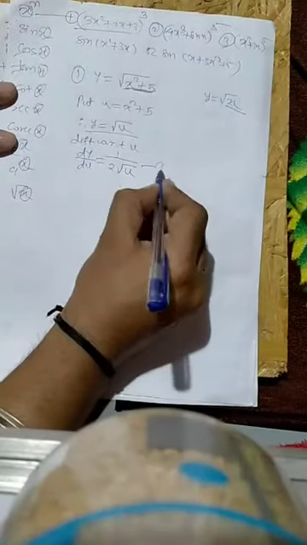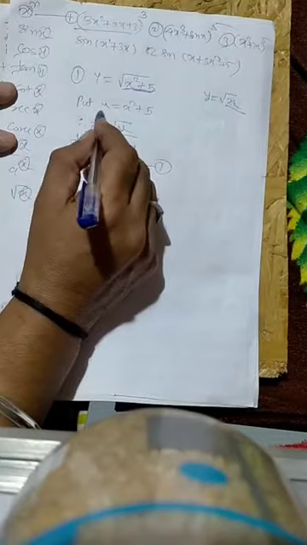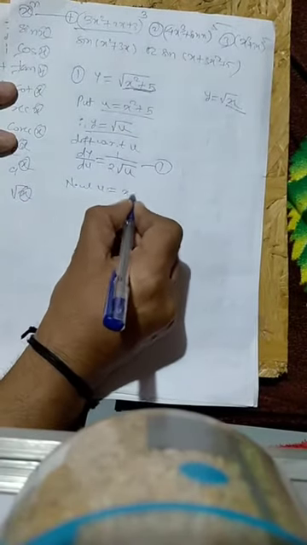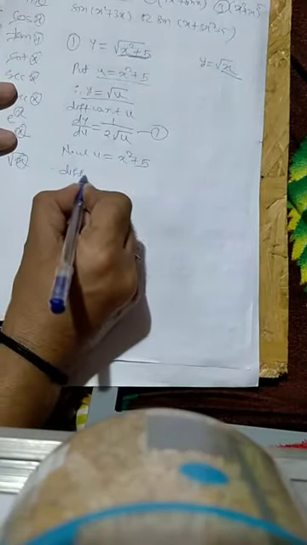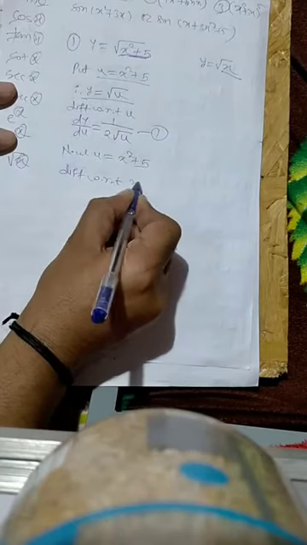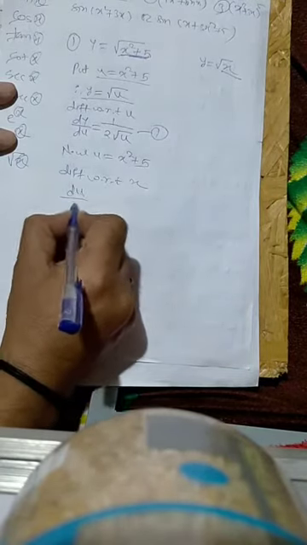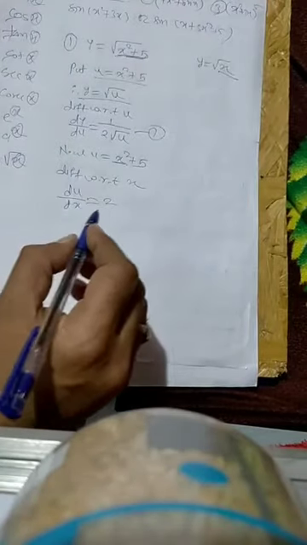We call this as 1. Now here the value of u. Secondly, u is equals to x square plus 5. So differentiate with respect to x. It means du by dx is equals to, now derivative of x square: write down the power of x, subtract one from the power.